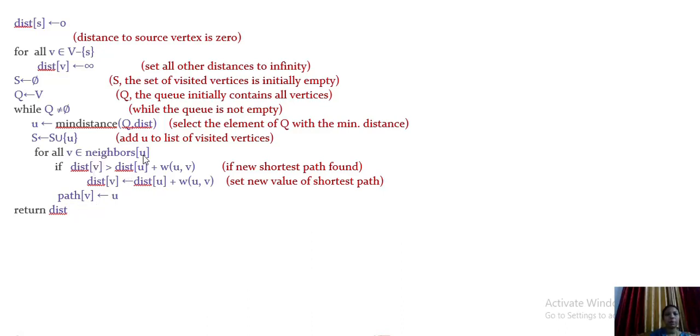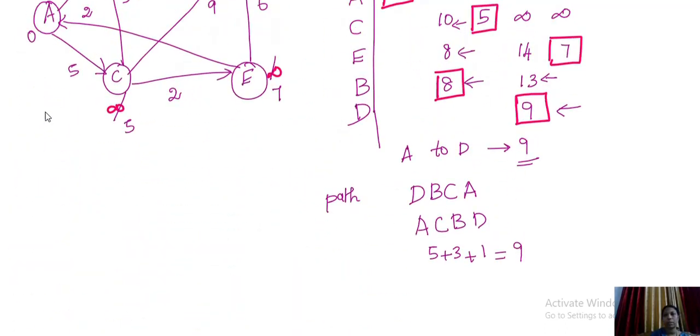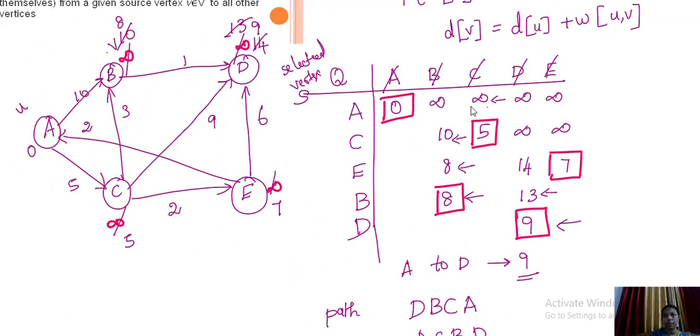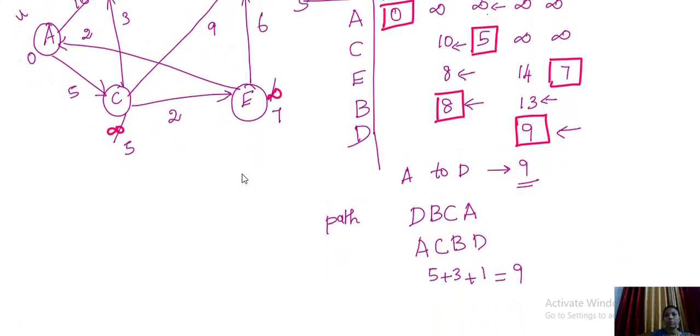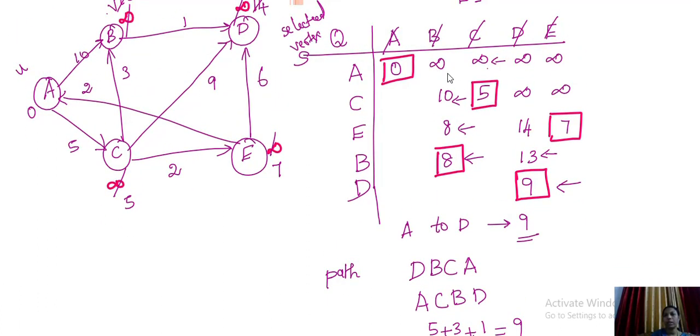So this is how we will be finding for all until this Q array becomes null, which means first time we selected A, then we go for C. So likewise, we will be selecting each and every vertex until we complete all the vertices in this Q array. This process will be updated, and then we will be finding who is having the minimum distance.